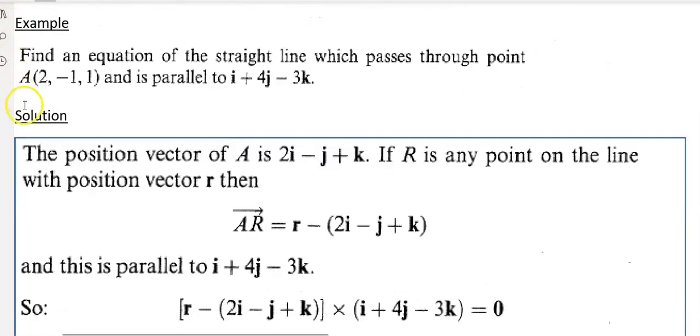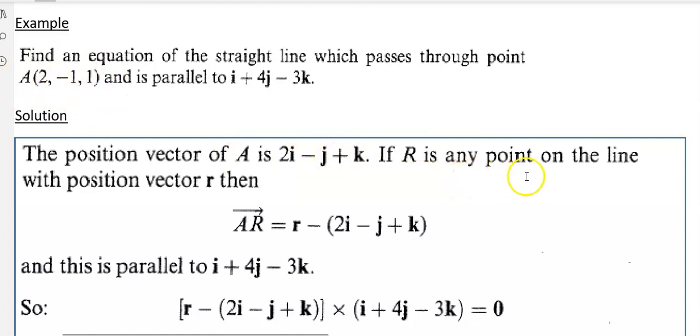So in this example it says, find an equation of the straight line which passes through the point A, which is (2, -1, 1), and is parallel to i plus 4j minus 3k. Okay, I've got most of the working out done for you here in this one. It says the position vector of A is 2i minus j plus k. So that's just from here, that was just our point A written out in vector form.